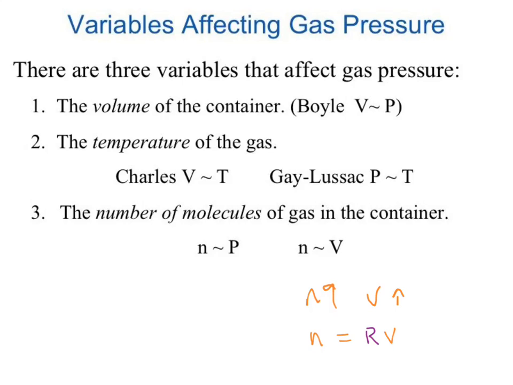Which means if I set up an equation, I can't say pressure or volume equals the other one. What happened when I made the volume smaller? The pressure had to go up. Which means if I said volume equals pressure here, does that equation make sense? No, that says they both go up. By saying they're inversely related, volume is proportional to 1 over the pressure.